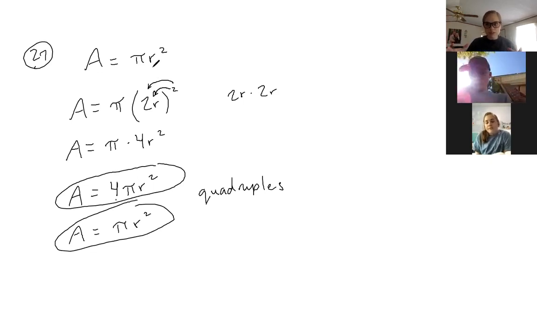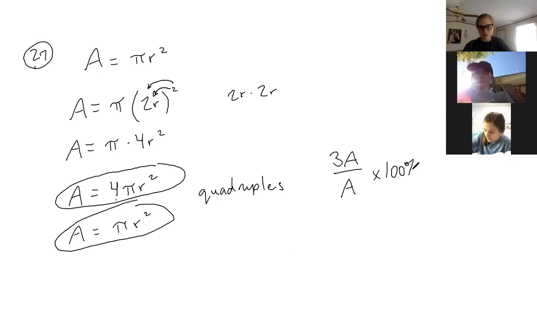What was the percent of increase in area then? 400%. You're close though. 300%. Yes, it's going to quadruple by 300%. Percent increase is 3a over a times 100%.